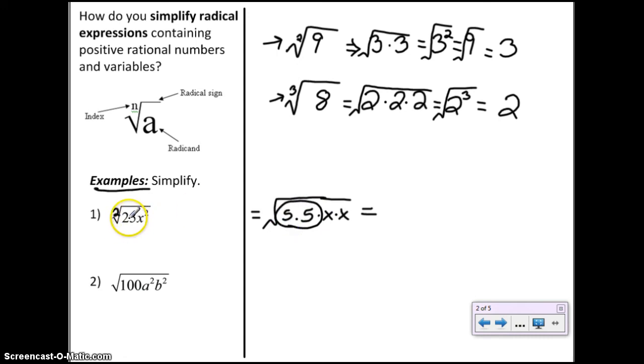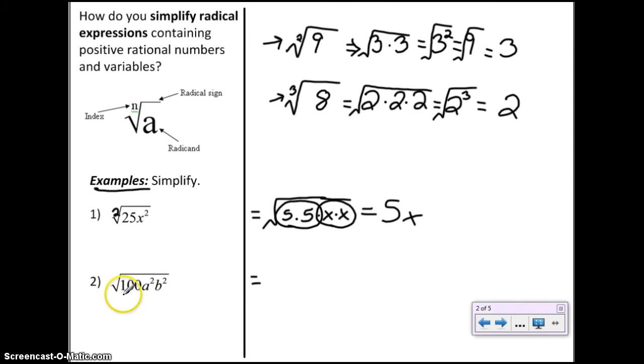So the root is just the 5. 5 is the number that I use, it's the root that I use in order to make 25. So if I have 2 of the same item underneath a square root, then really I'm just taking out 1 to represent my root. All right, same deal here.